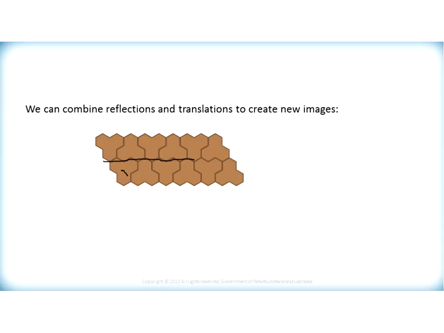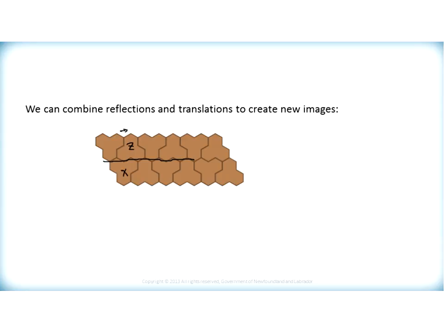I can reflect object X right here upwards and then translate very slightly to the right, and that'll give me, I'm going to call this one object Z. So I'm getting a reflection upwards. So all of my points are going to be equidistant but on opposite sides of my line of reflection. And then I'm going to have to translate slightly to the right to get my new object.